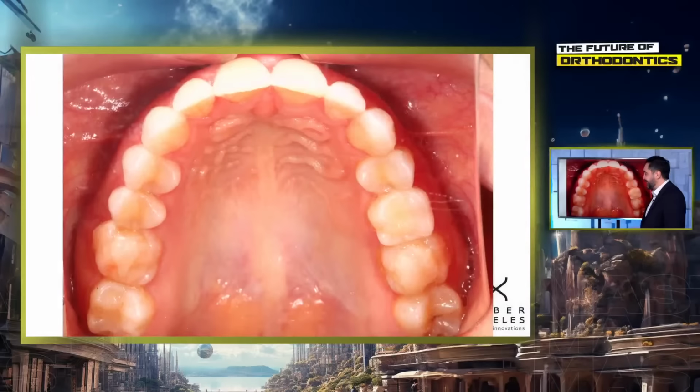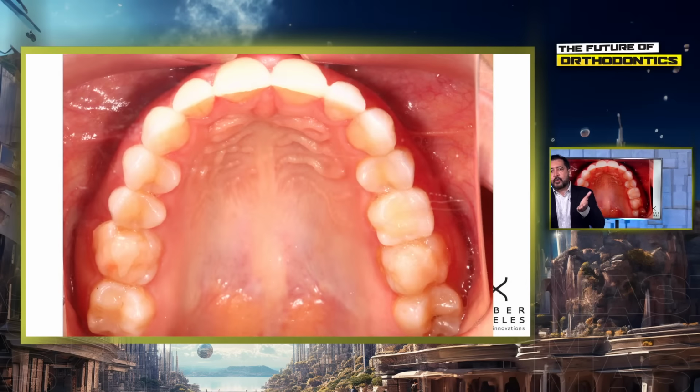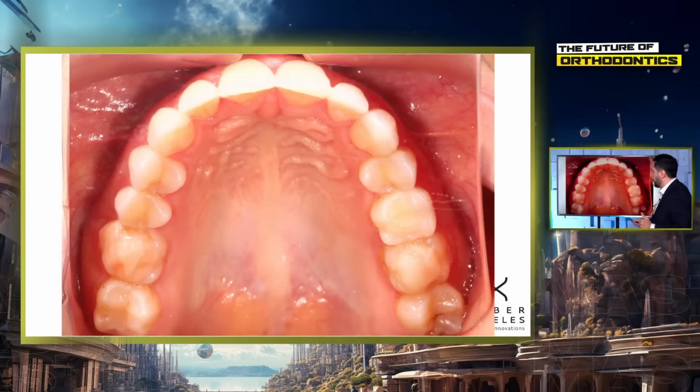Of course, there is a limit for that. You can't do that just giving more and more expansion. There are indications for skeletal expansion and dental expansion, and one of the indications for dental expansion is the inclination of posterior teeth, negative, extreme inclination, negative inclination of posterior teeth.